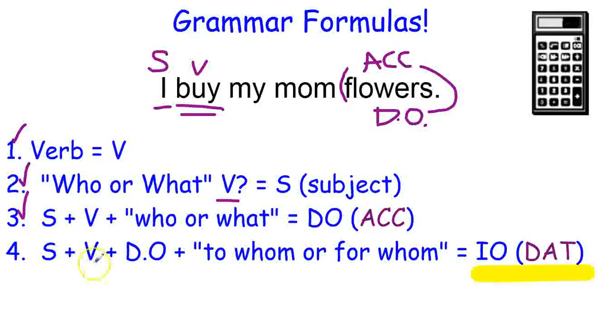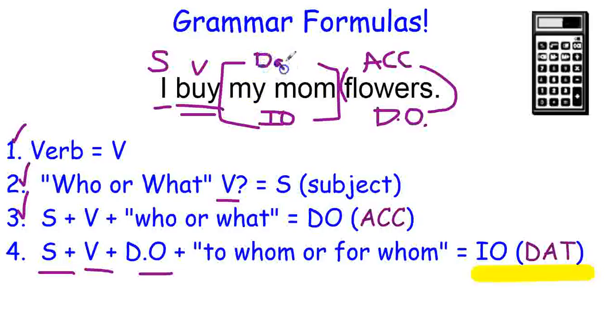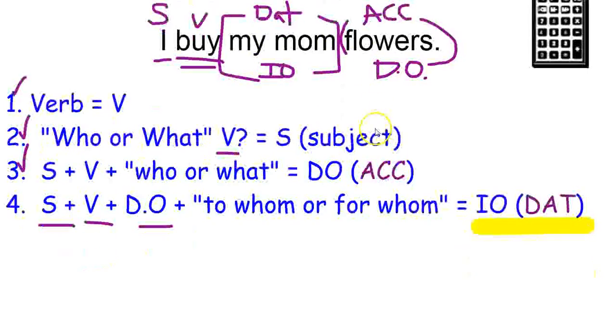Now we have the subject, the verb, and the direct object. We can plug those into this formula. I buy flowers to whom or for whom, and that gets us our indirect object, or the dative case in German.